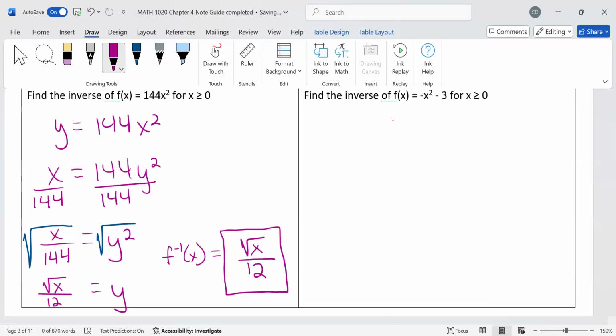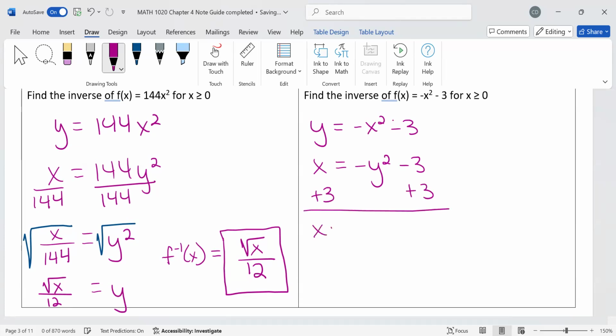Same thing here for x is greater than 0. Swap our x and y's, and solve for y. So add 3 to both sides first. And here's the other thing. This negative needs to go away, so we're going to have to divide both sides through by -1, which just changes the signs.